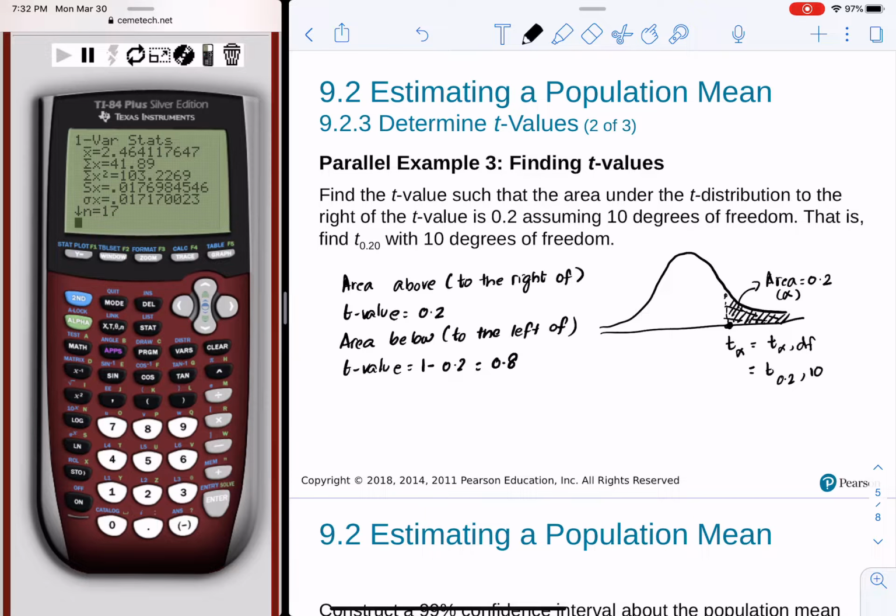On the calculator, we are going to plug in the area below or to the left of the t-value, not the area above. That's just how the calculator is designed. So the area below here, under the curve, would be 0.8.